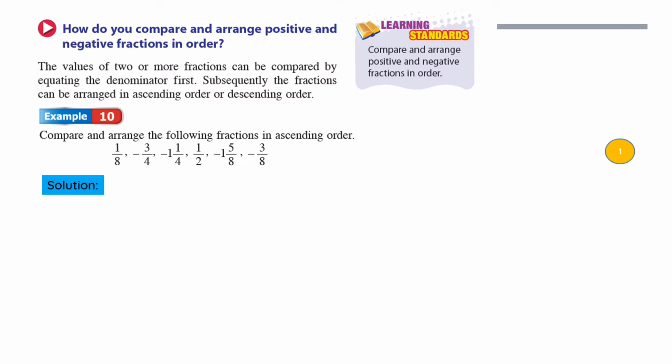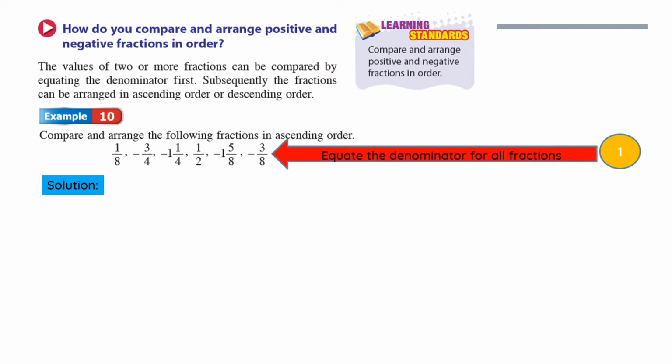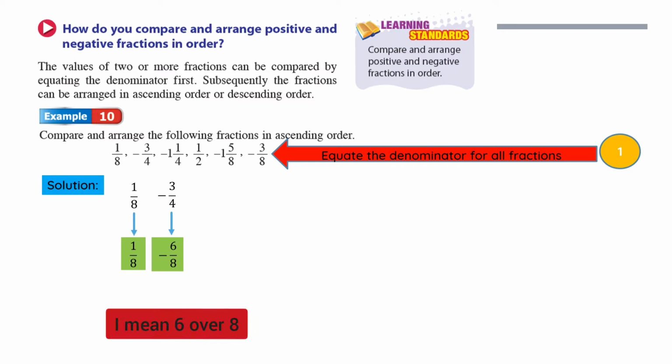The solution is, first, we need to equate the denominator for all fractions. 1 over 8 will be 1 over 8. Negative 3 over 4 will be negative 6 over 8.